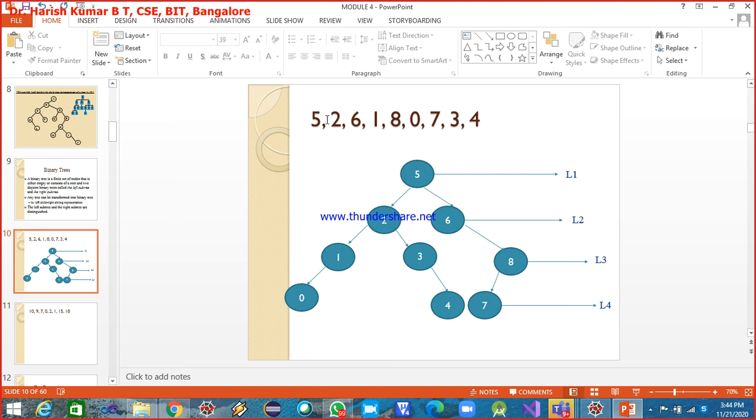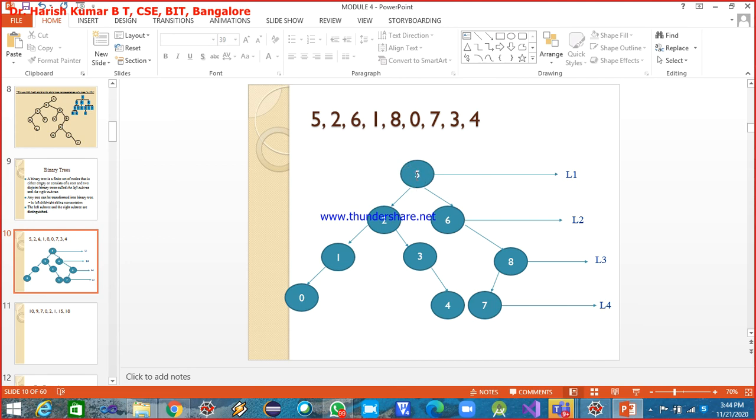From the given list, we make the first node the root node. Whatever the given list may be, a list of integers or characters, take the very first item and make it the root node. Then take the second item and compare it with the root node.